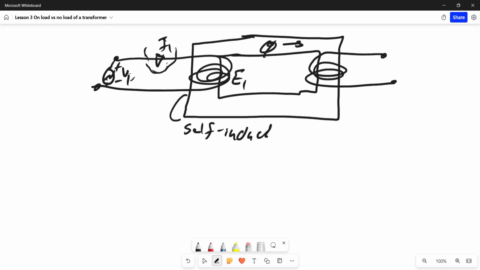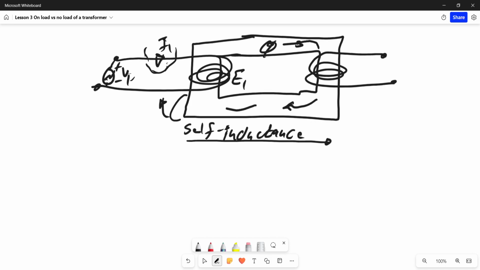It is called self-inductance. Why? Because the same flux that was caused by the same winding cuts the same winding. So it is called self-inductance.